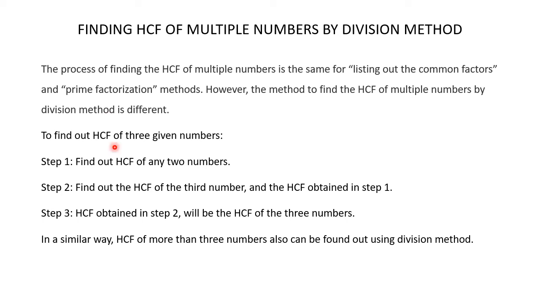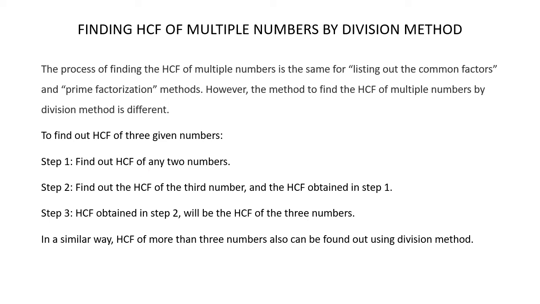To find the HCF of three given numbers, first you have to find the HCF of any two numbers. Next, you have to find the HCF of the third number and the HCF obtained in the first step. So finally, you will get the HCF of the three numbers.